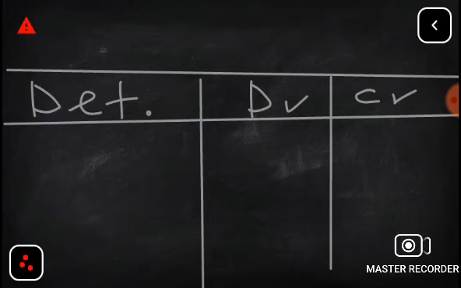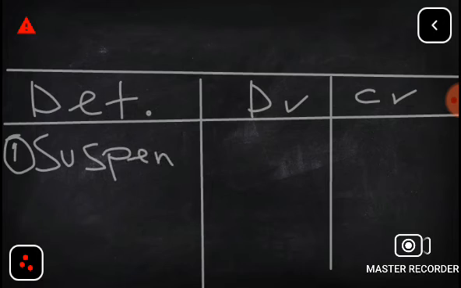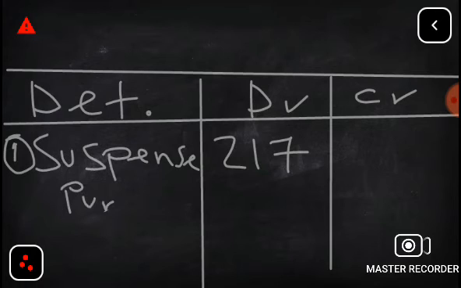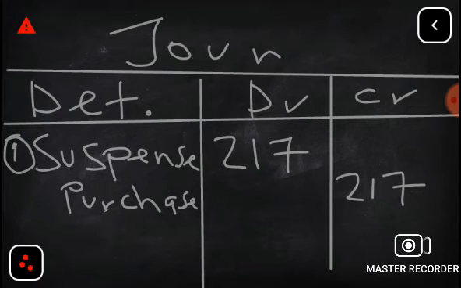Remember our first transaction, our purchases was overcast by 217. The first thing you write is the account that was debited first, so you write suspense here and debit 217, and you indent and write purchases here, to show that this account was credited, purchases with 217.